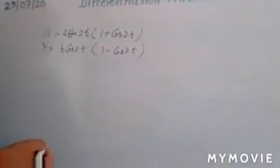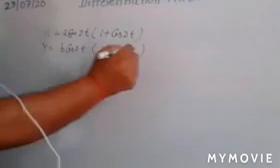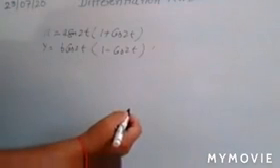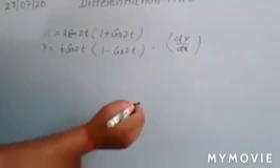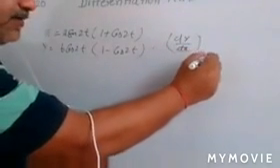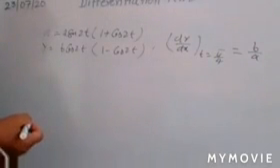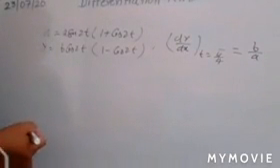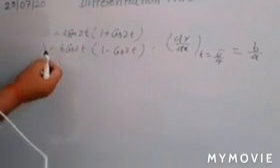So that here you have to show that dy by dx at t is equal to pi by 4 is equal to b upon a. You have to prove this result. So here you are applying product rule for x and y.